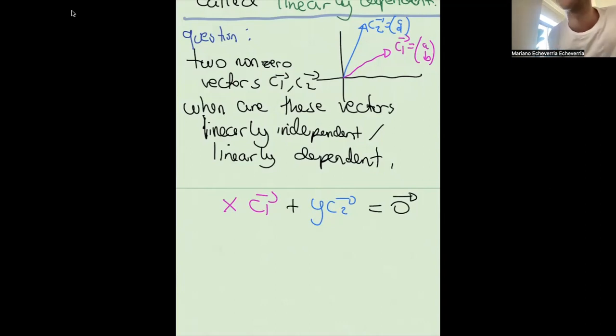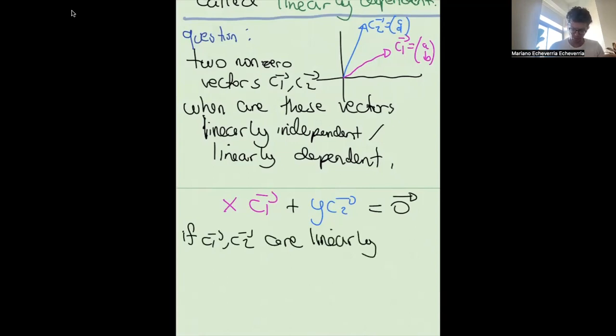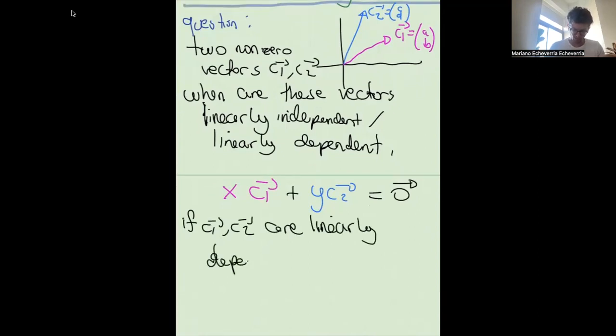It's easier to answer the question if the vectors are linearly dependent. So what happens if C1 and C2 are linearly dependent? If C1 and C2 are linearly dependent, what does that mean?